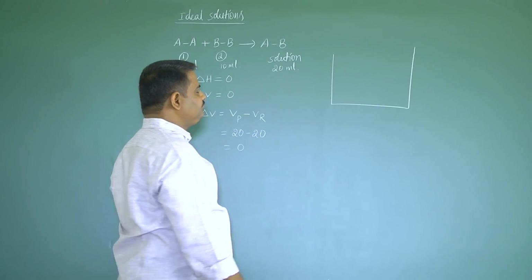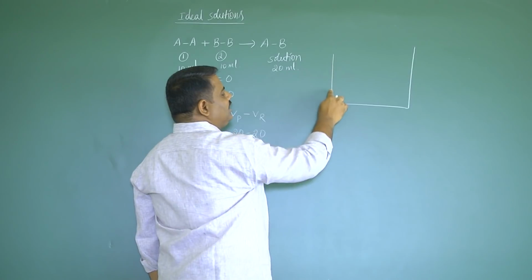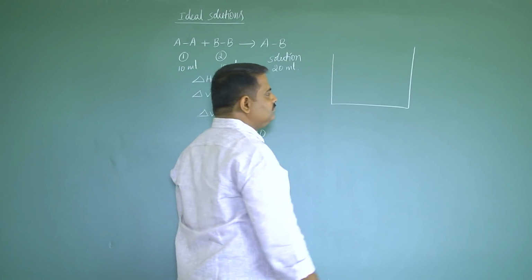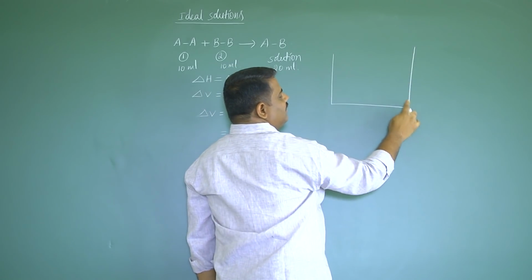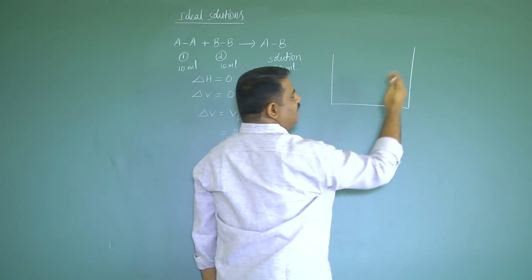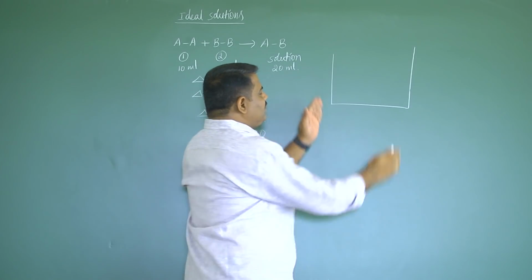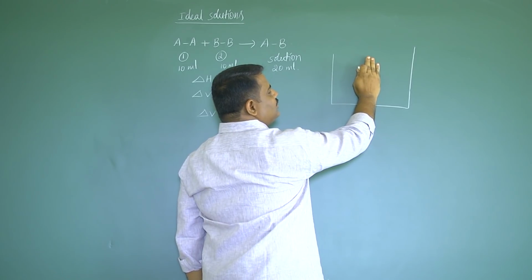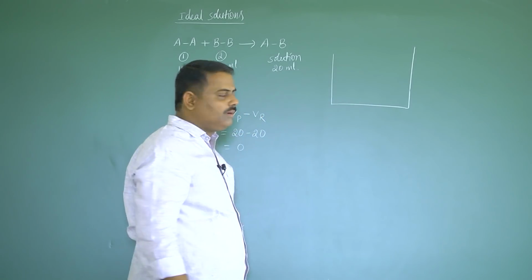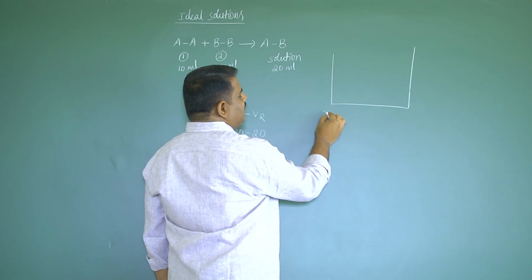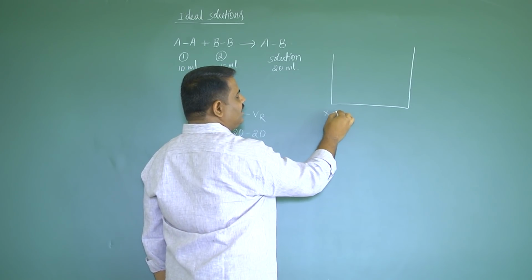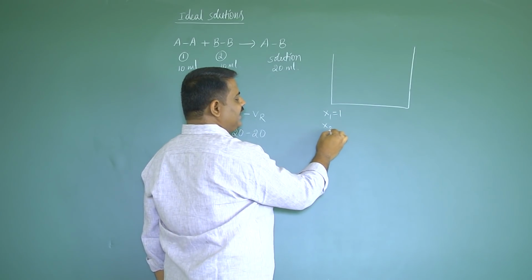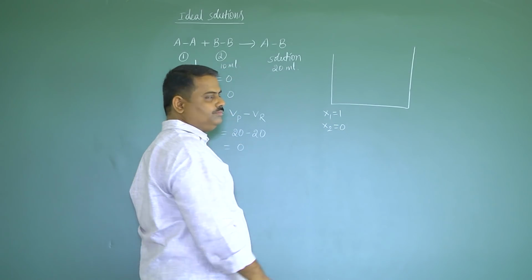Now here, this particular line indicates vapor pressure of a component. This line indicates vapor pressure of the other component. Between these two lines, this is an indication for solution. For example, here I am taking mole fraction of first component as 1, mole fraction of second component is 0.